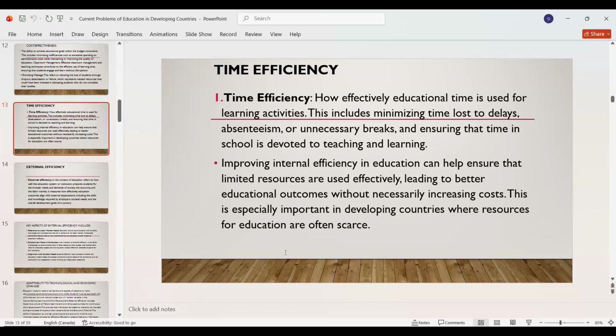Sometimes, in some areas, especially in the rural area, the parents are not going to complain or anything, right? The teachers also will come late, and students are also not interested. They're not coming to school regularly.